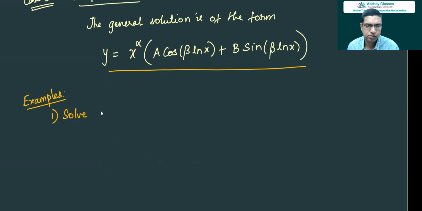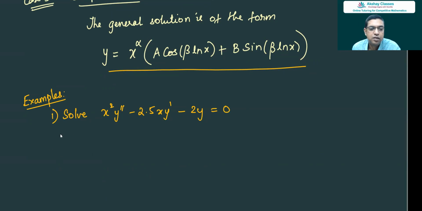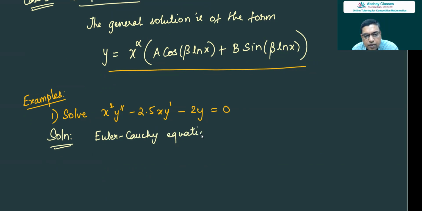Solve x square y double dash minus 2.5x y dash minus 2y equal to 0. So this is clearly an Euler-Cauchy equation. So let y be equal to x power m.